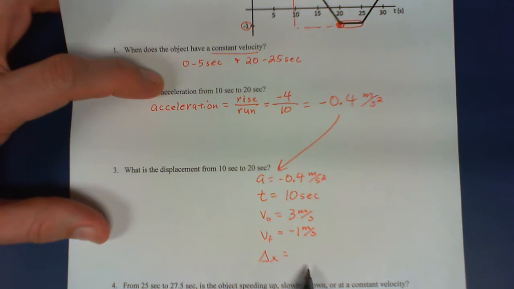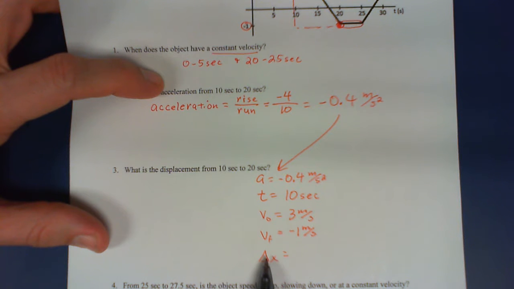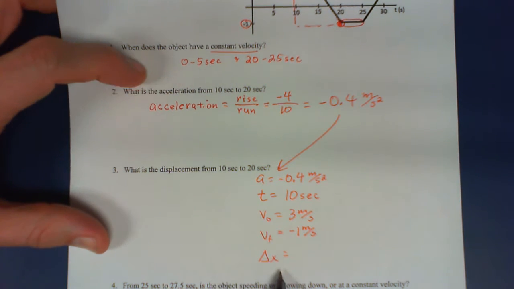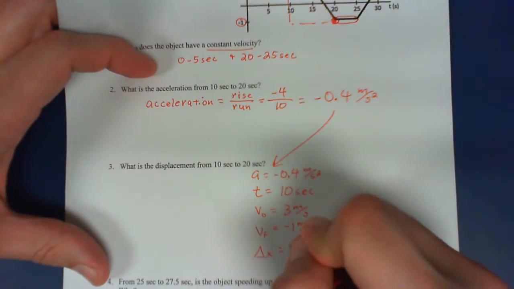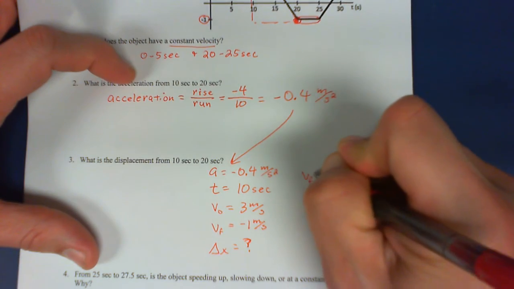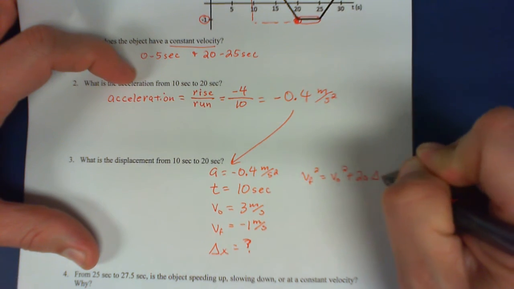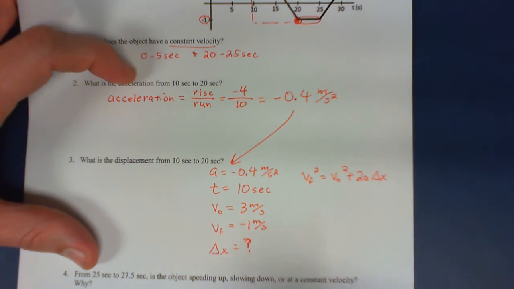So if you remember our kinematic equations, there are 5 total variables that we could possibly have in those equations. And right now we know 4 of those, and the only thing we don't know is displacement. So what is the displacement? We could use the final velocity squared equals initial velocity squared plus 2 times acceleration times displacement, because we have everything we need in order to plug in there.